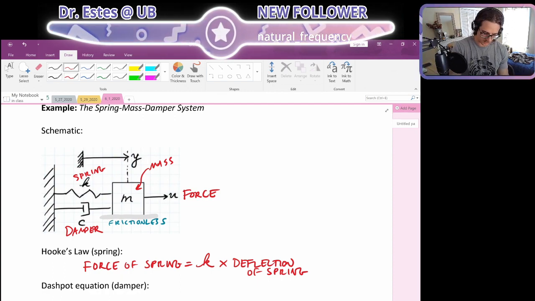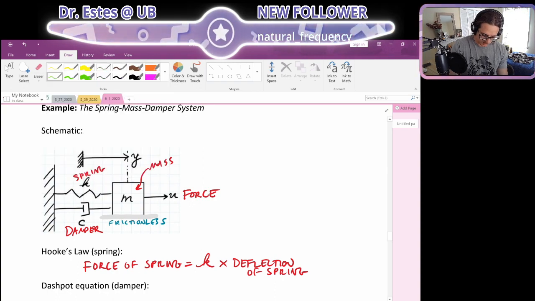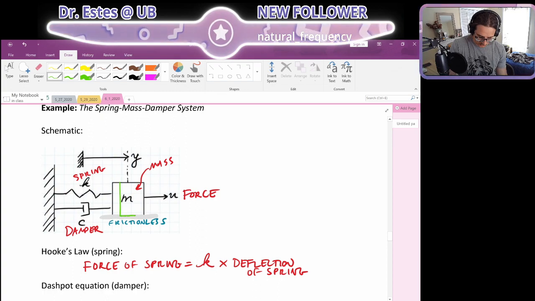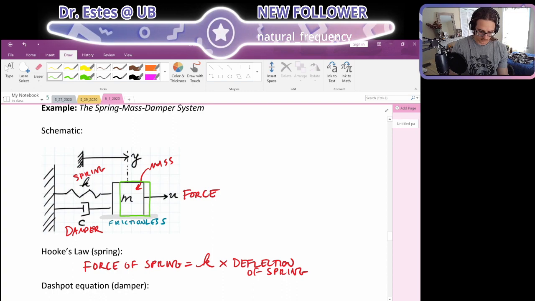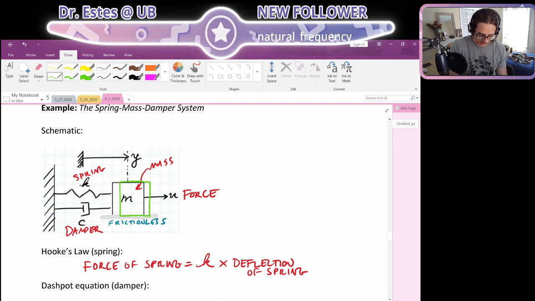So let's draw on top of this. Let's say I move this block just a little bit to the right. So that would slightly stretch out this spring, right?